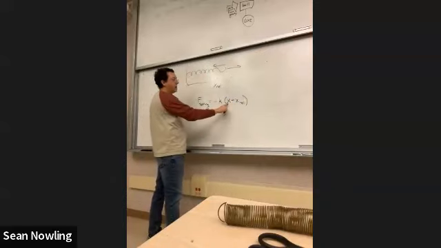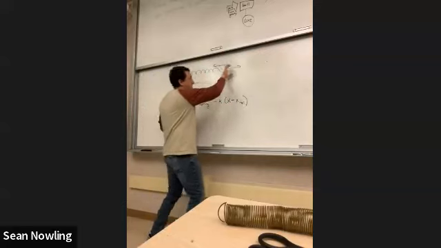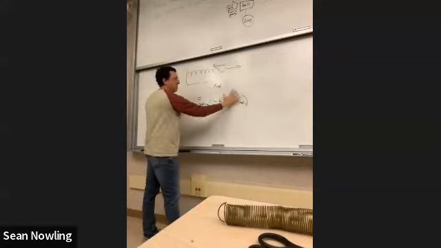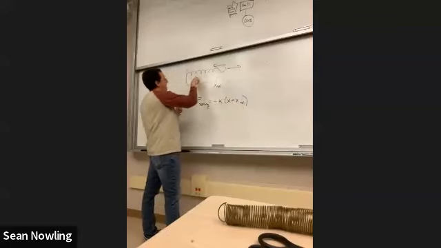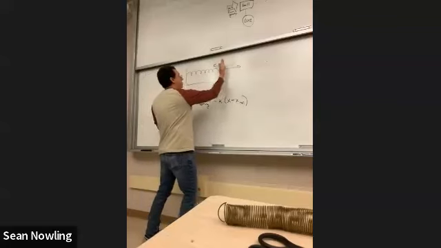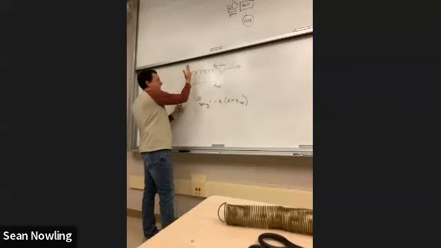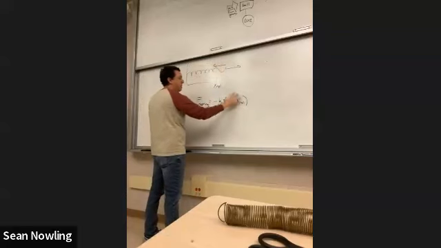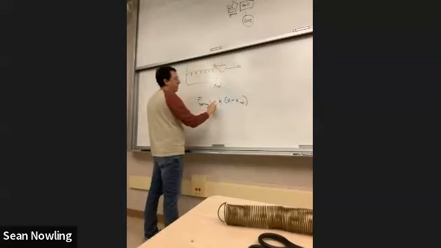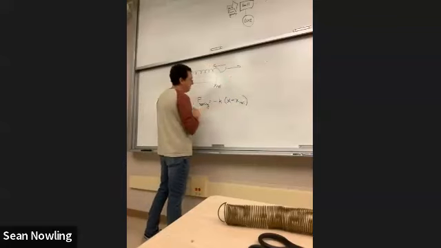If X is bigger than X relaxed, meaning I pull it to the right, the quantity in parentheses is positive, and the minus sign tells you the force acts to the left. If I compress the spring, X is less than the relaxed position, so the parentheses are negative, and with the other minus sign the whole force is positive, giving a force to the right.